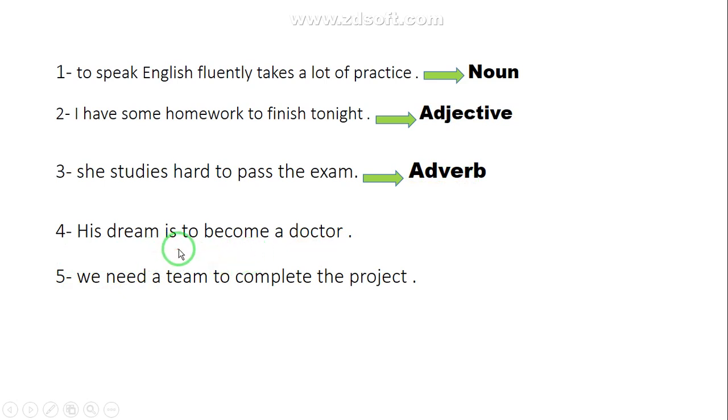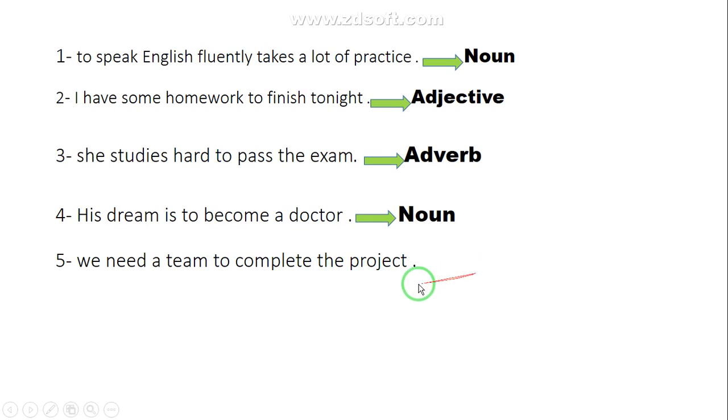Number 4, his dream is to become a doctor. As you can see, to become a doctor is our infinitive phrase and it is acting as a subject complement. So it is functioning as a noun. And number 5, the last one, we need a team to complete the project.